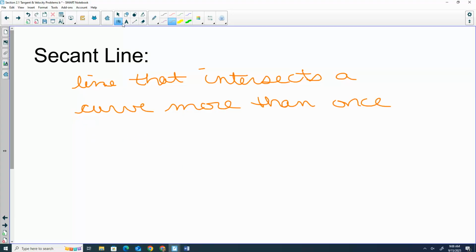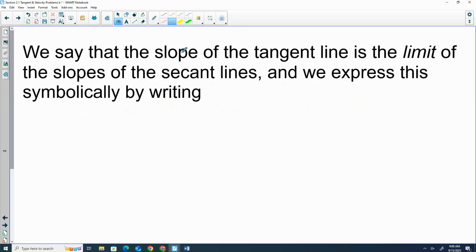We aren't going to use the limit notation a whole lot this section. We'll practice that more. But I did give it to you already, and I did have another slide for that. So the slope of the tangent line is the limit.